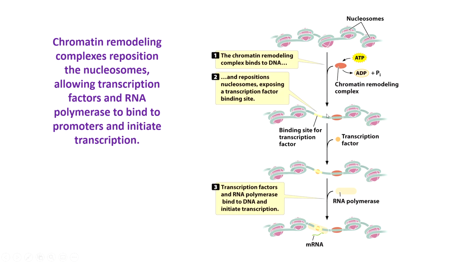And this exposes transcription sites for binding. This could be the initiation factor for RNA polymerase, for example. If that is exposed, the transcription factor that helps to initiate transcription will bind, and that will stabilize RNA polymerase at that site, and then you get gene expression.